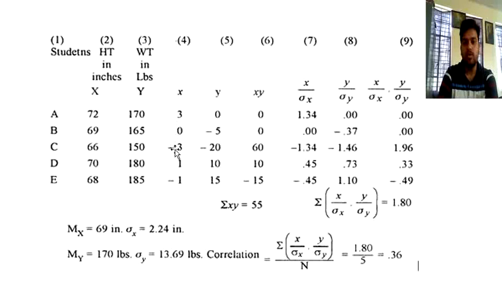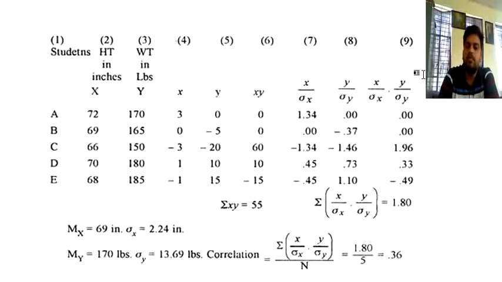Now you put here small x by sigma x. For each value you have to put all the values. So when you put 3 by 2.24, you will get 1.34. 0 by 2.24, you will get 0. In this way you will have to find small x by sigma x, then small y by sigma y. So you will get these values.